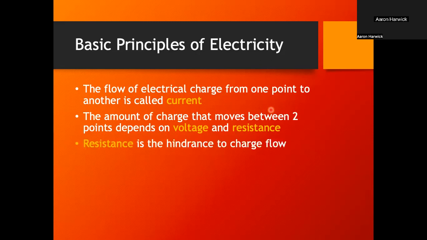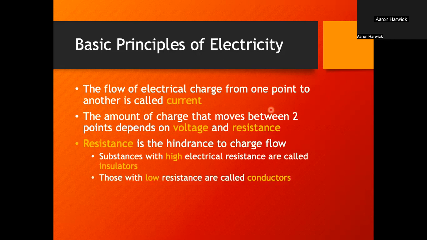Resistance is basically the hindrance for that charge to flow, and voltage is the driving force. Substances with high electrical resistance are called insulators. Those with low resistance are called conductors. So how much you resist the charge reflects how well the charge can flow.